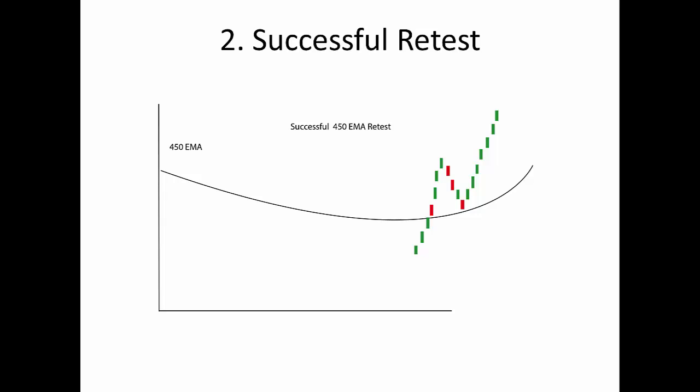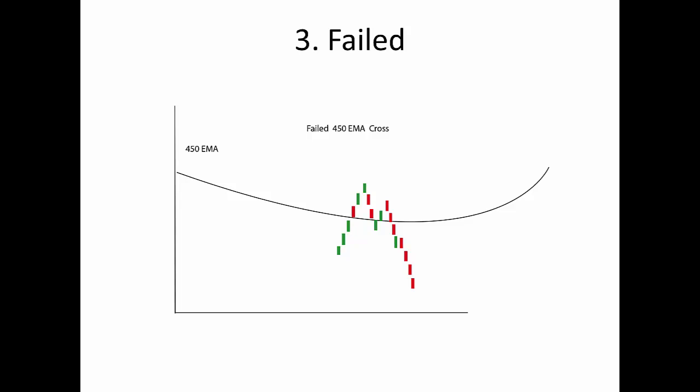The next possibility is our next slide. It's a failure. The retest fails, sending the prices back to the other side of the 450 moving average. They try to cross, they make this pullback, but they can't continue up. So the prices go down again. Okay, this is what we call a fake.